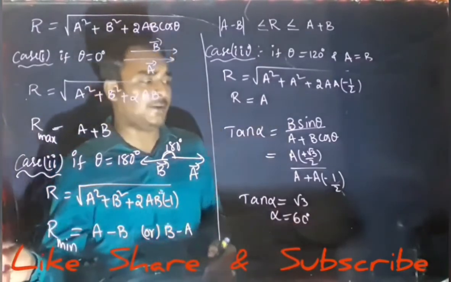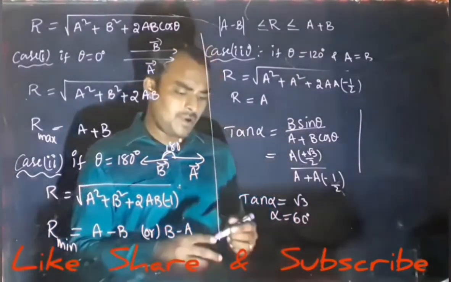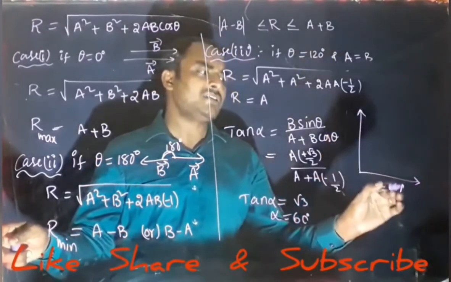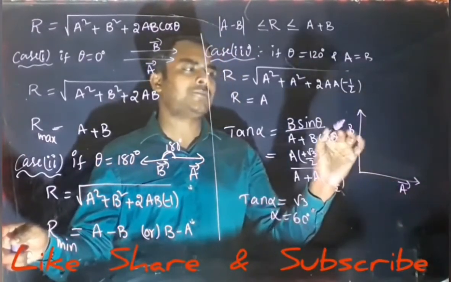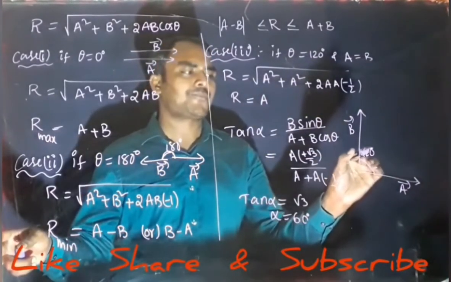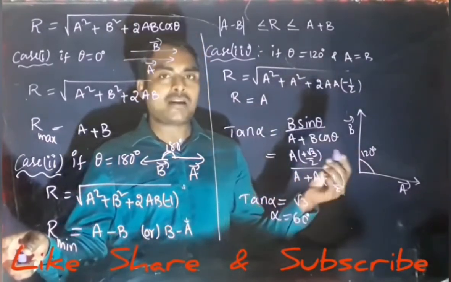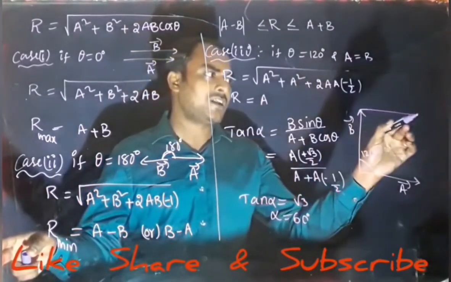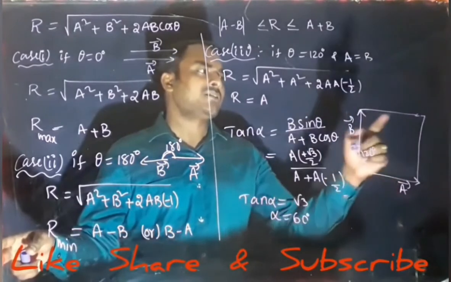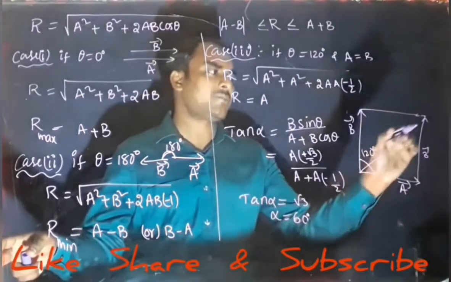Let us show it in the diagram. Here A bar and B bar are two vectors. Simply I am showing, it's not accurate angles. The angle between A bar and B bar is 120 degrees. In a parallelogram, as we have already seen, opposite sides are equal. So if this is A bar, the opposite side is A bar, and if this is B bar, the opposite side is B bar, and the resultant vector is represented by the diagonal.